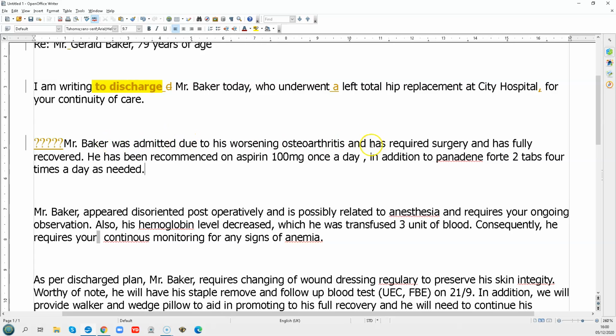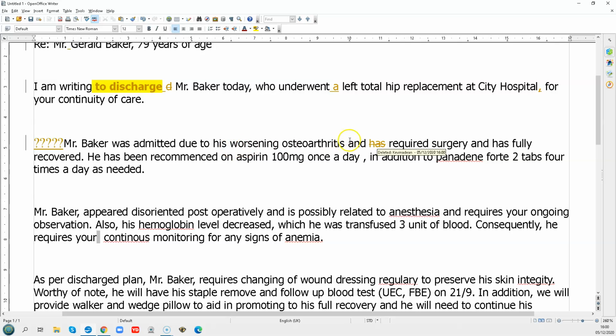Now has required, why is that present perfect? Why did you use that? Simply required surgery. Was admitted due to his worsening osteoarthritis and required a surgery. Right now, we can use present perfect here, has fully recovered, because that's connecting past and present, but we don't really need it there.